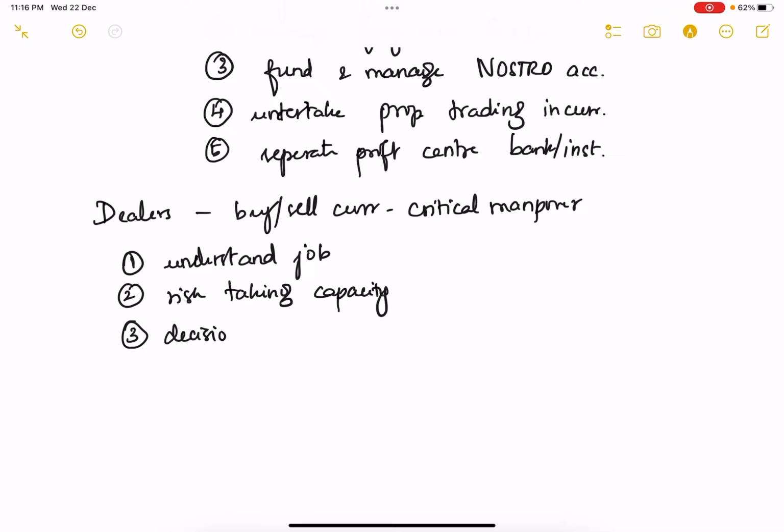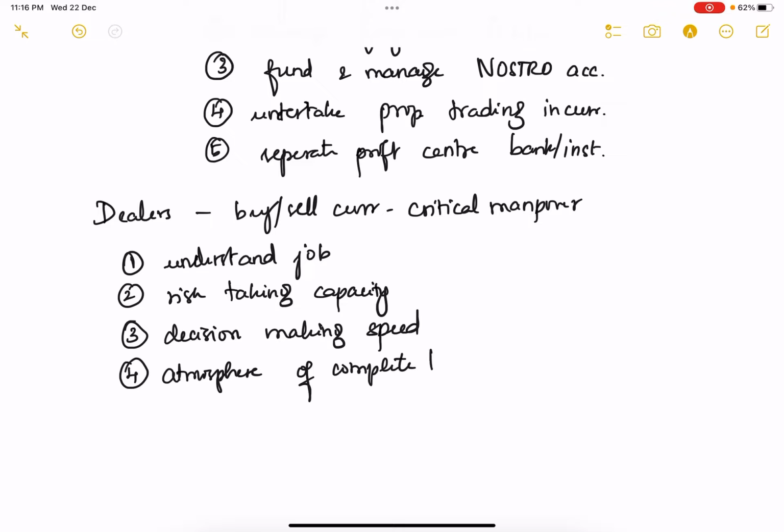And these dealers should have fast decision-making capacity, and they should create an atmosphere of complete trust in the foreign exchange dealing rooms. All this will lead to profits for dealing room operations. But if dealers make any small mistake, it will wipe off all the profit in a second.